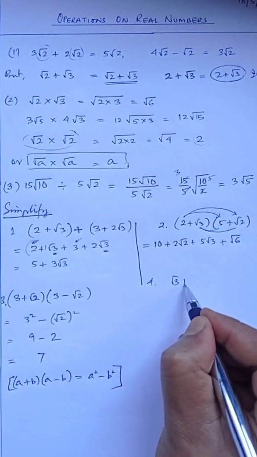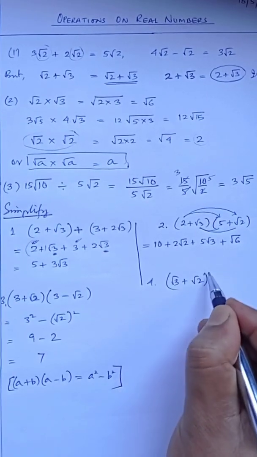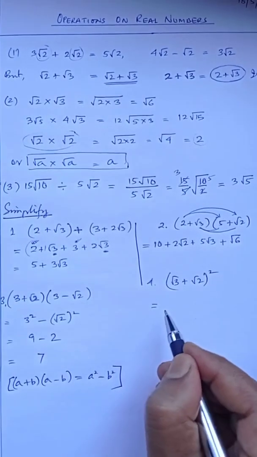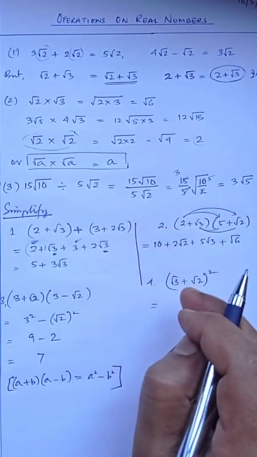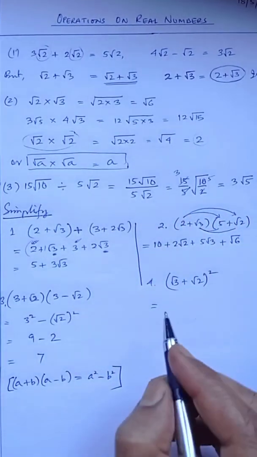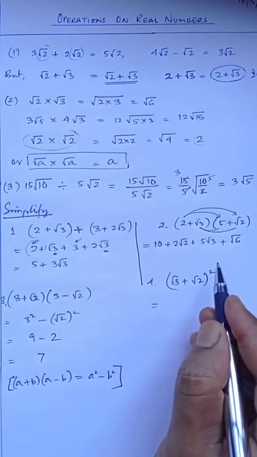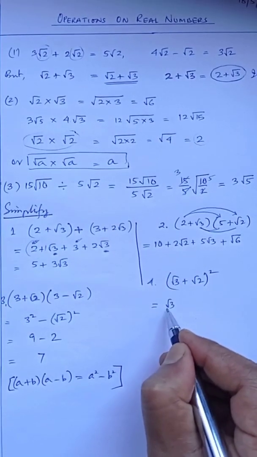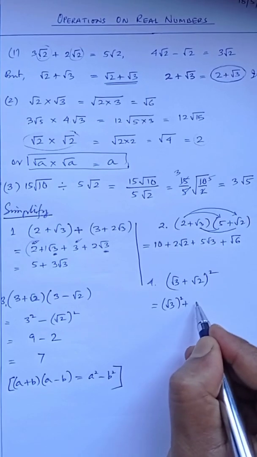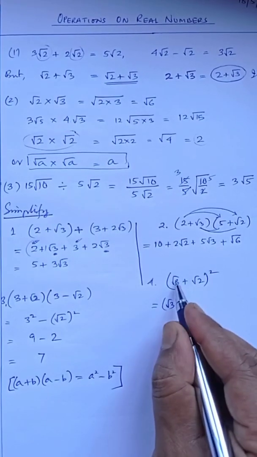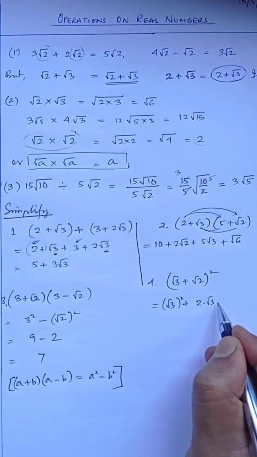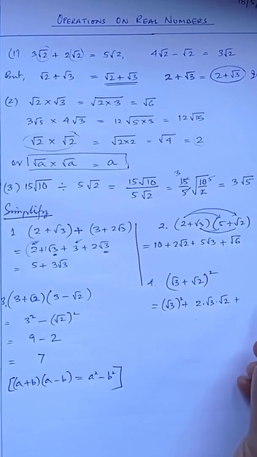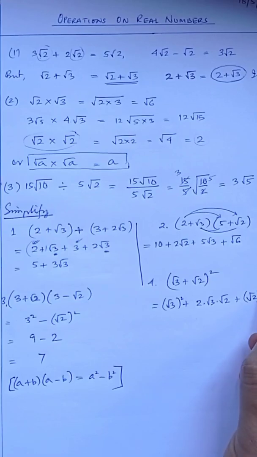Let me give you one more question like this. What if it is a whole square? So you know there is a whole square formula again. You don't need to solve this way anymore. The whole square is easier. A plus b whole square is a square plus 2ab plus b square.